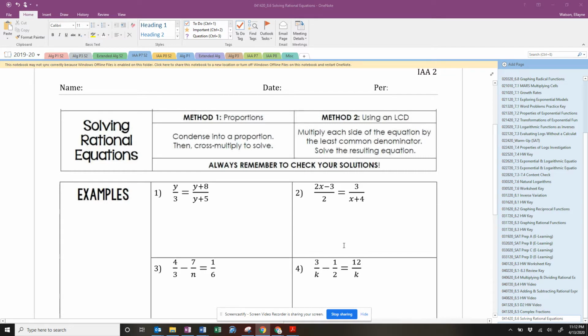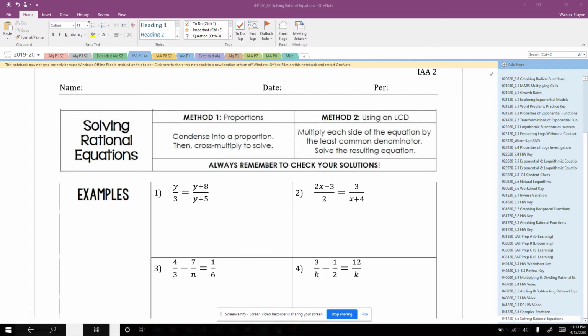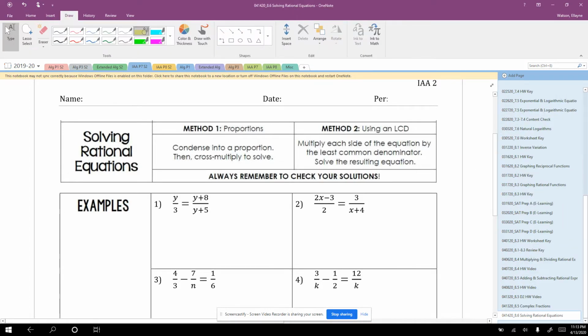Okay, so up top here we have two methods, and you're going to see both types of problems. The first is just proportions, and really the key here is if it is set up as a proportion, then you're able to solve by cross multiplying. Okay, and how do you know if it's a proportion?